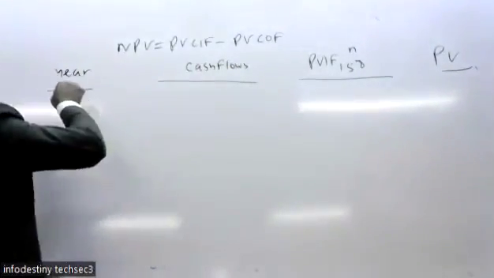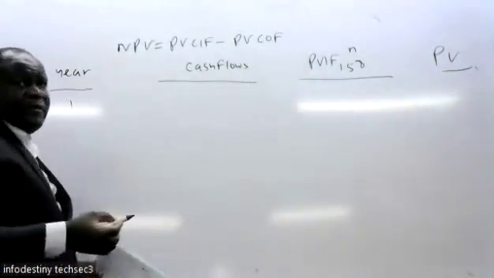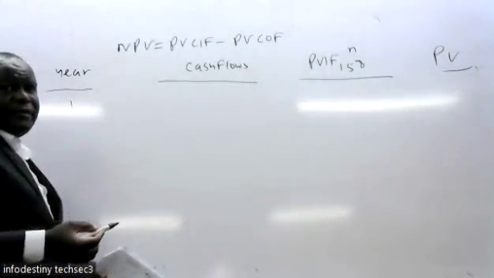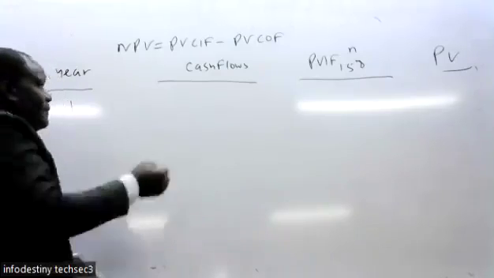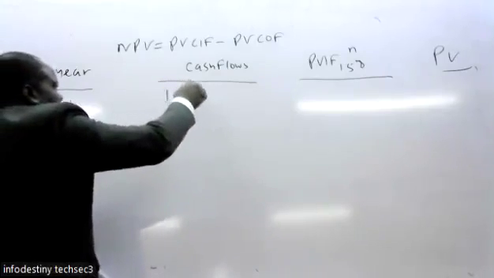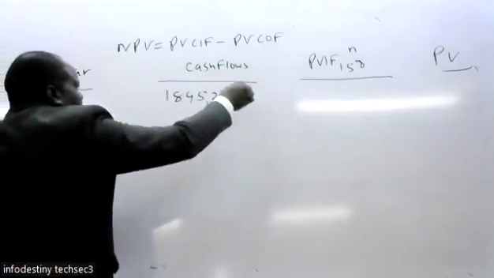So we start off with year 1. How much cash flows are you getting for year 1? 1,895,250.